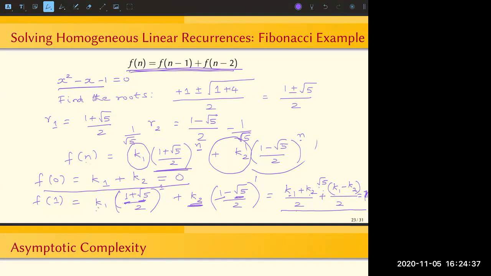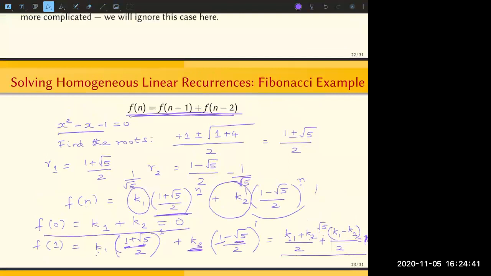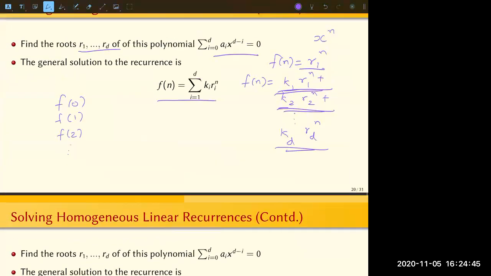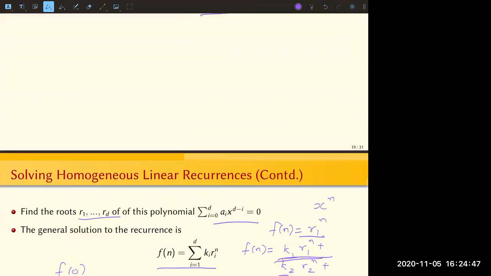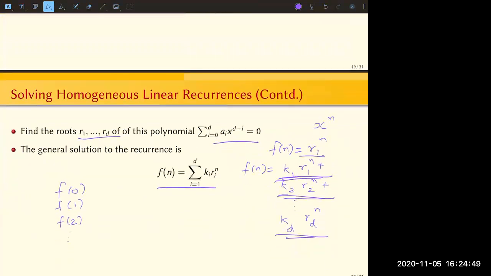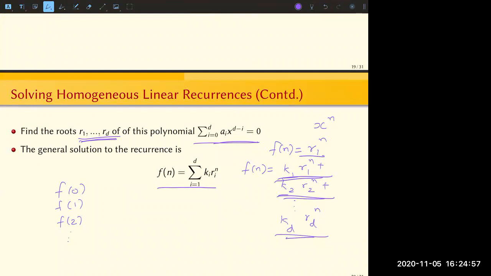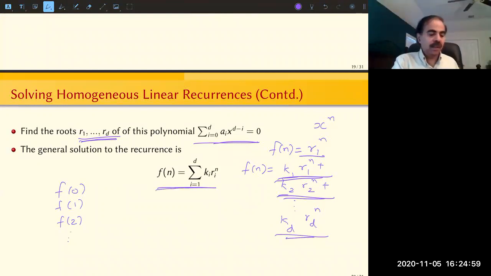Could you go up to the slide where it had a step after the general solution? Right, so here you have this polynomial, you find the roots of the polynomial. And then you are told that the general solution involves all of the roots.